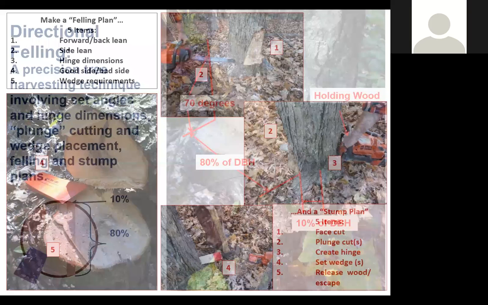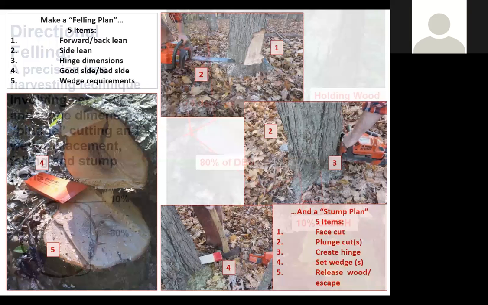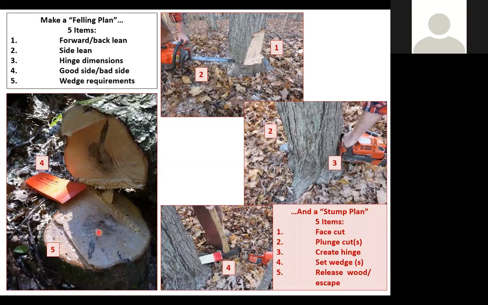It's essentially having done a forward and back lean assessment and a side lean assessment, and having determined your hinge dimensions, you can aim your notch accordingly to counteract the side lean to make sure the tree goes on target.